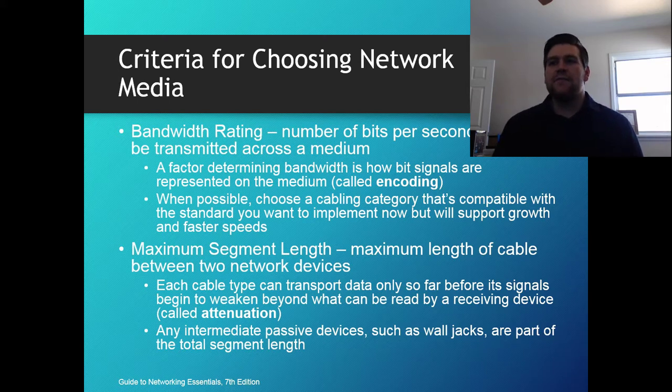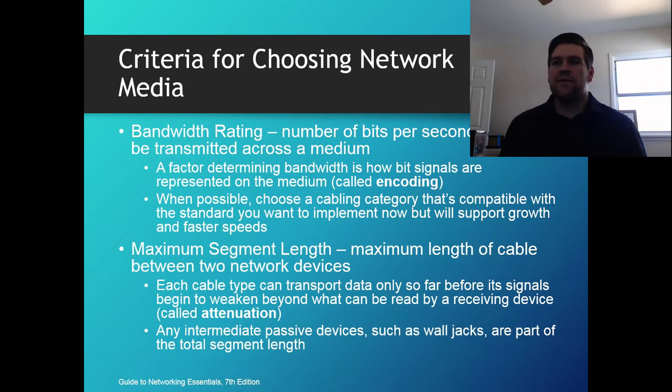Now that being said, typically you want to choose something that's capable of growth. Category 6A cabling is capable of going up to 10 gigabits per second, so that's becoming kind of the main go-to for copper cabling, Cat 6A, UTP, and even STP in some cases.